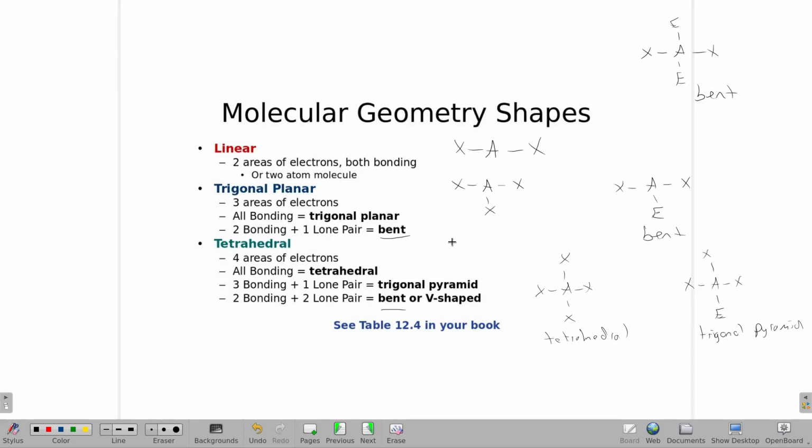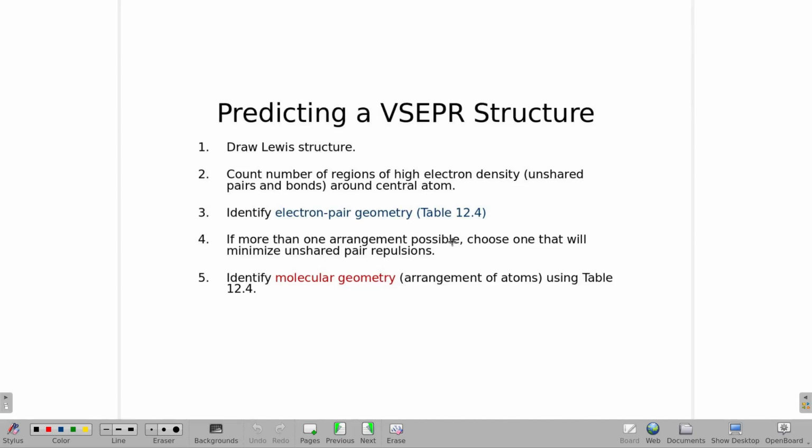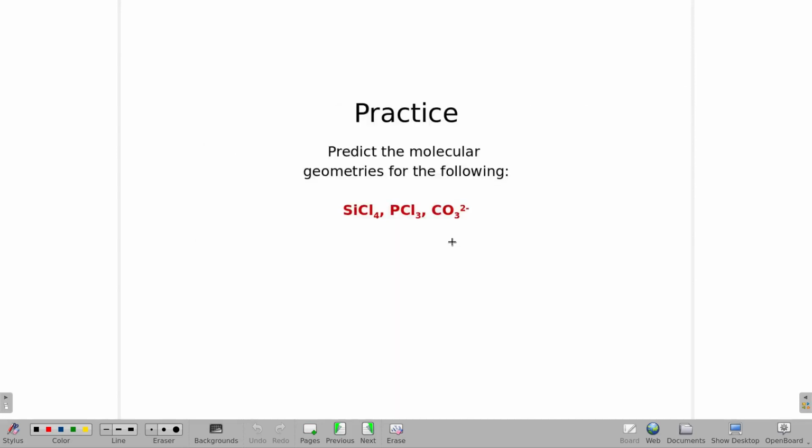All right, but to do that, you have to do the Lewis structure first. So what I mean by that, let's actually do one of these. So silicon tetrachloride. Got 4 valence electrons from a silicon and 7 from a chlorine. So I have a grand total of 32 valence electrons.